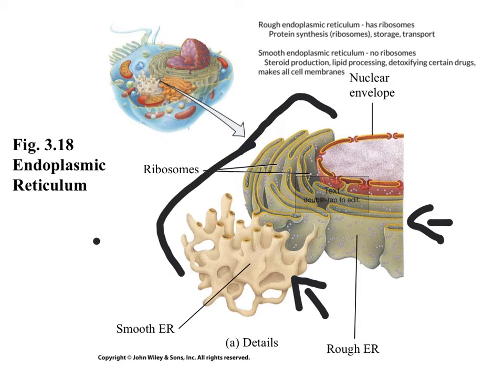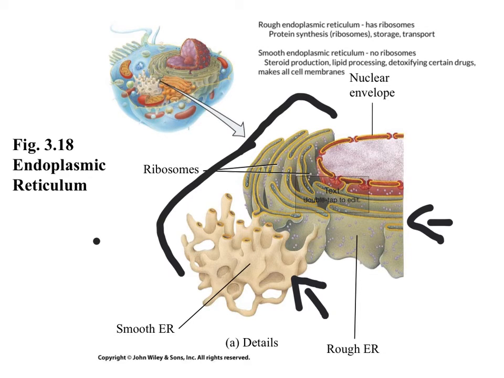So if we talk about specialties in cells, one of the things that you're going to learn in this class is that there are different cells and they do different special things, and because of that they have more or less of these different types of organelles. So for example, with the rough ER and its protein synthesis, we would see a lot more rough ER in cells that had to do more protein synthesis. An example of that would be neurons. Our neurons have to make a lot of protein.